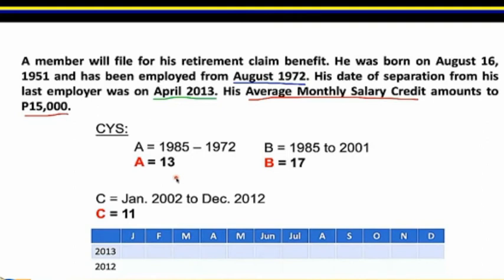So, let's mark April, kailan bang April? There, with the X mark. So, that's the month of contingency, kung kailan siya umalis sa kanyang employer. So, now, which quarter does April belong? So, siya ay nasa second quarter, right? April, May, June.